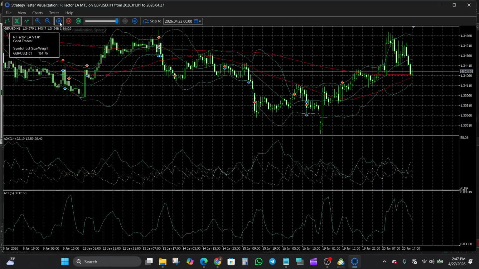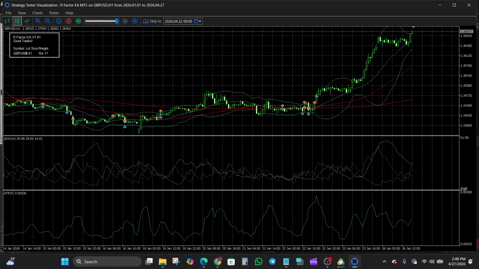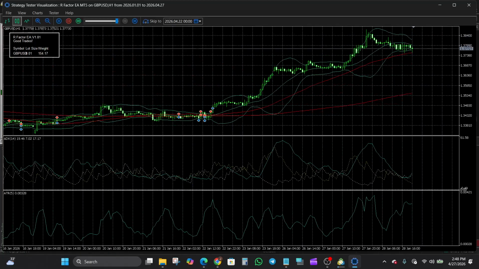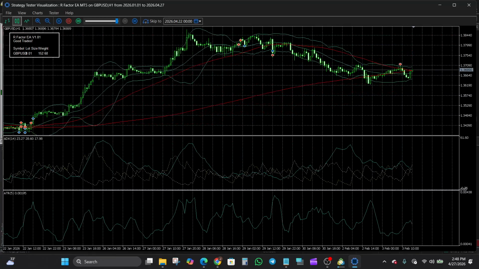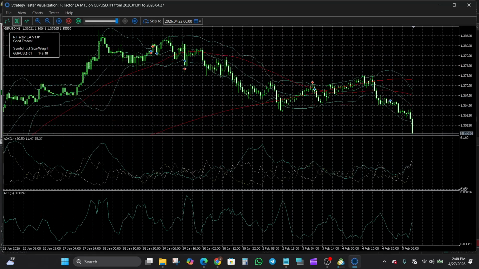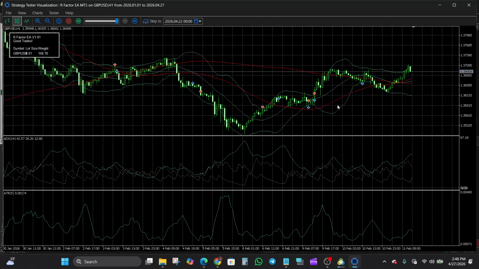Okay, so we can see here again, poor risk to reward ratio. But let's just keep going. So we are seeing a shift where fewer trades are being opened. This likely means the EA is either detecting less favorable conditions or reducing exposure based on recent performance.